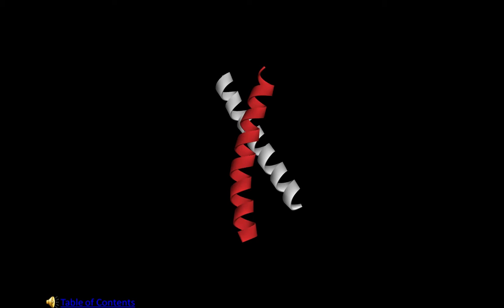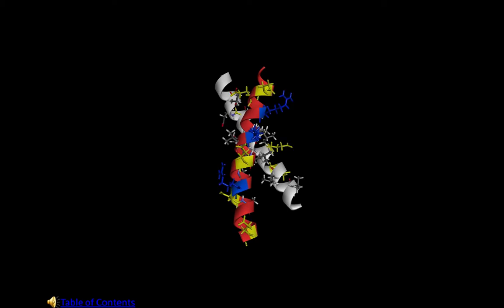Next, I'm going to selectively display the acidic, basic, and large hydrophobic residues only. It'll look rather cluttered at first, but do not despair. When we rotate it, you'll see the orderliness of it. There we are. Please take note of our coloring scheme. The acidic residues, namely glutamic and aspartic acid, are entirely yellow.